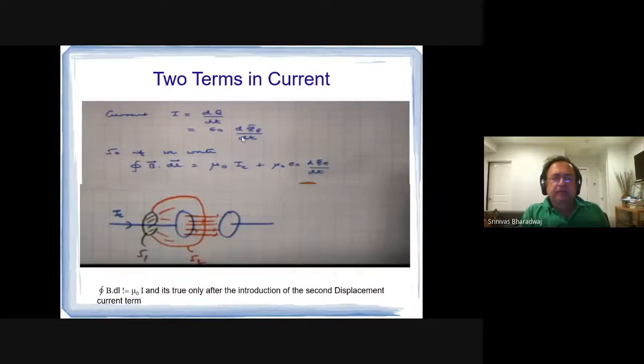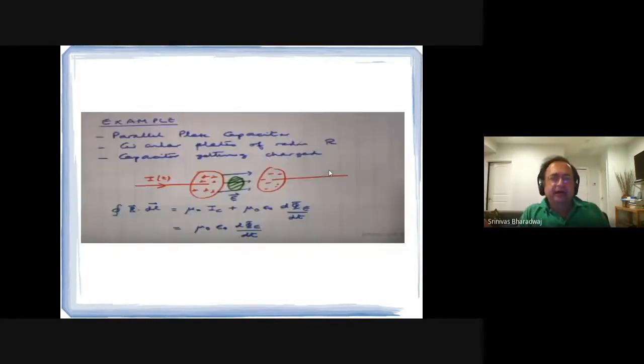This was Maxwell's addition, and we call this term the displacement current term. B dot dl equals mu naught I is true only after you introduce this second term, which is epsilon naught d phi E by dt. Epsilon naught d phi E by dt is what we now call displacement current.